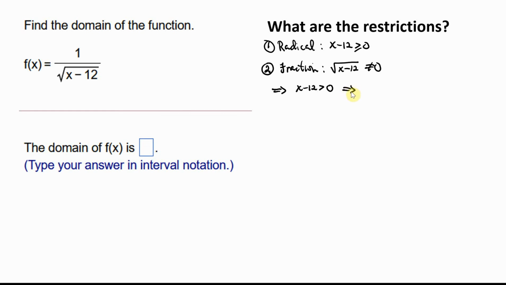And this implies that x, adding 12 on both sides, is greater than 12. So my domain is everything bigger than 12. That's parentheses 12, comma, positive infinity. On the number line, we have a circle. Does that erase? Oh, it erases the whole thing. That's dull.